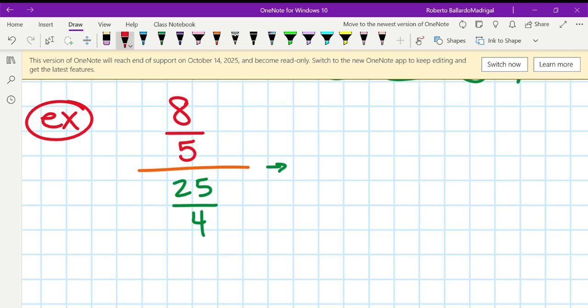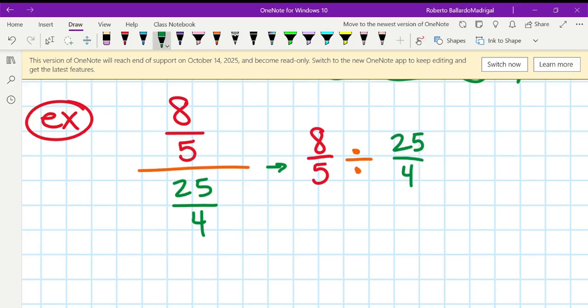What do you think? Okay, so I'm going to start with the fraction 8 over 5. And then what? Divide, so the division symbol. So what is that? 8 over 5 divided by 25 over 4. Okay. So this is following the approach that we looked at earlier, right?